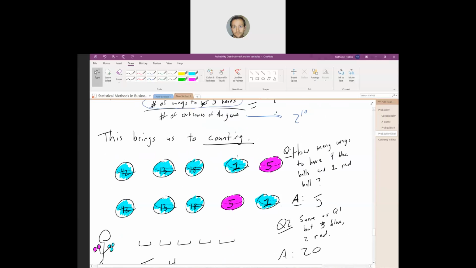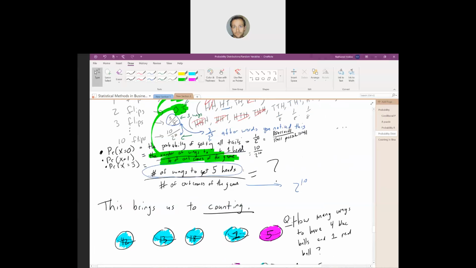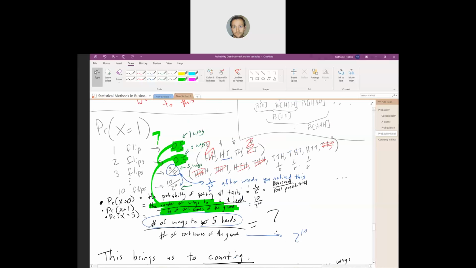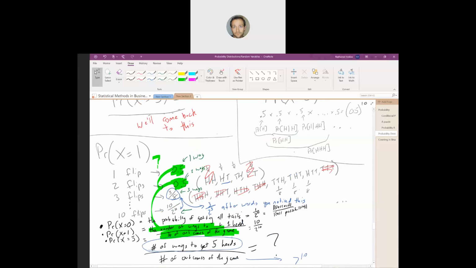The reason why I'm spending time talking about counting is because it's important for probability. When you want to count the number of ways to win, there are a number of different ways I can get 5 heads.